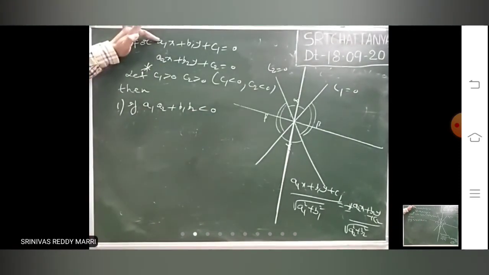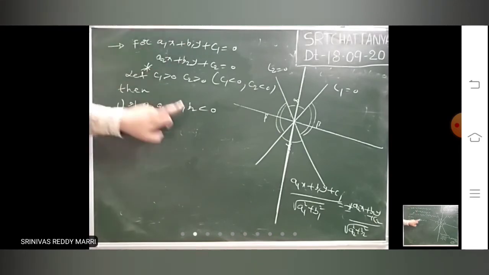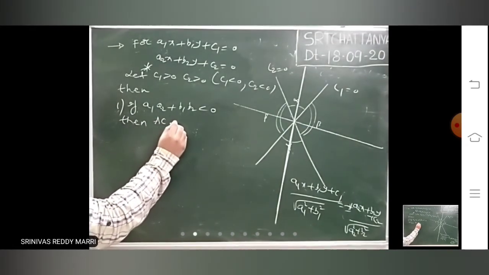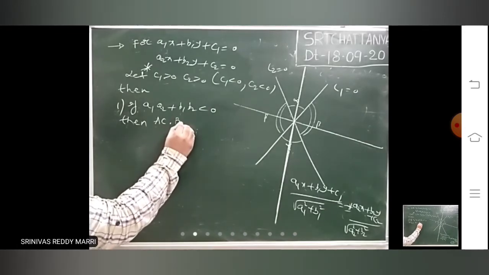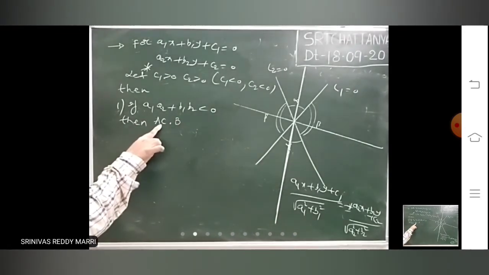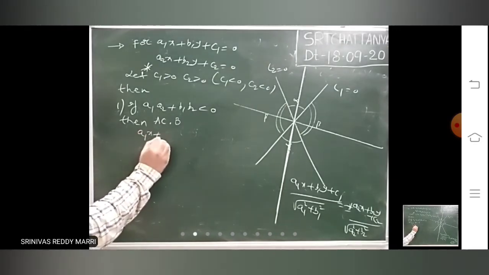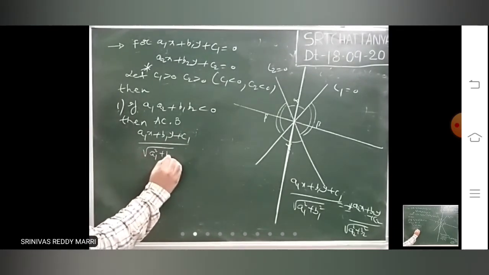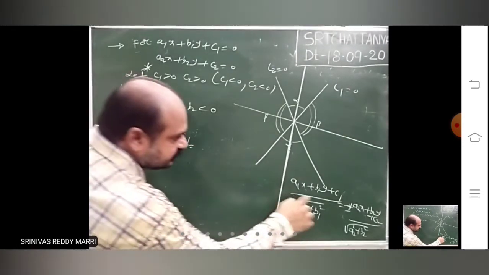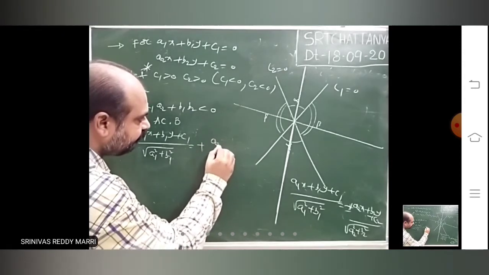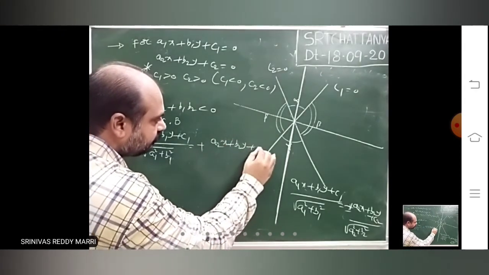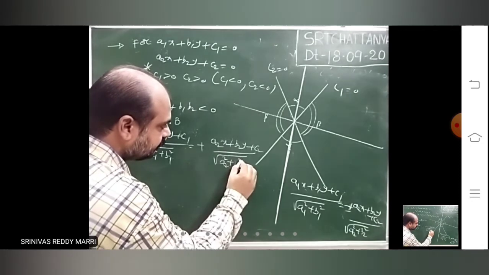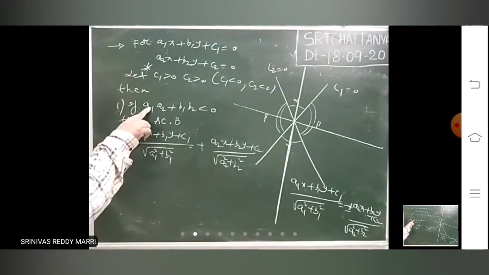Then the acute bisector, AC means acute bisector, is a1x plus b1y plus c1 over root of a1 square plus b1 square equals plus a2x plus b2y plus c2 over root of a2 square plus b2 square.